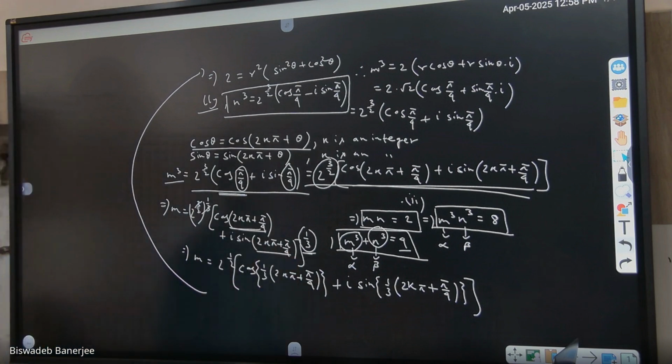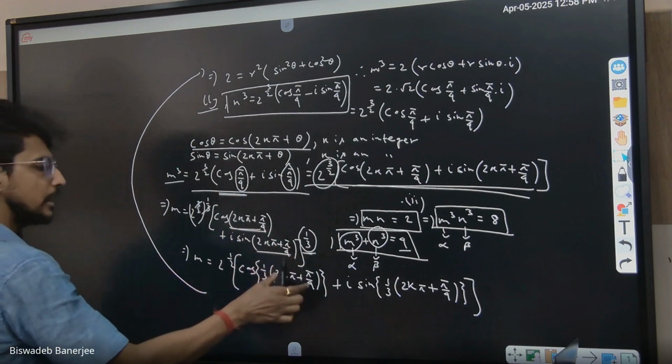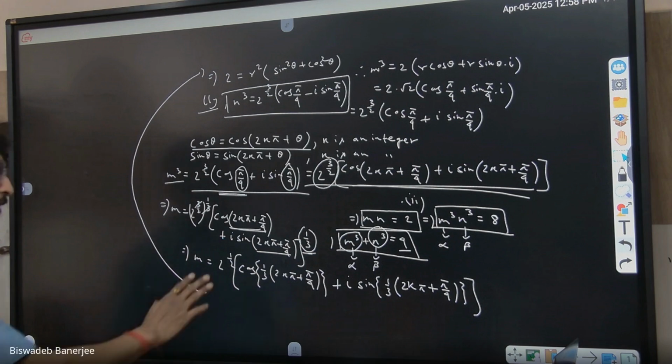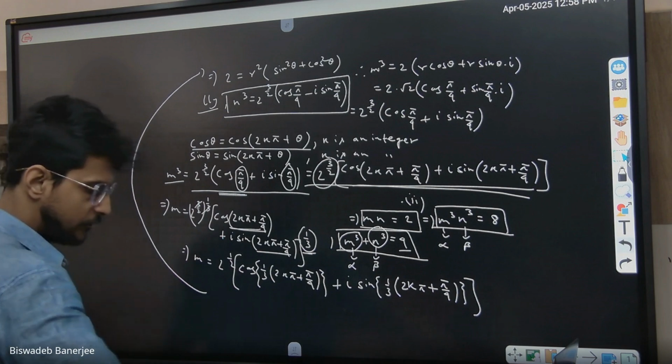This is called de Moivre theorem. We can always multiply this power with this angle. So 1/3 is multiplied with each angle, and this is my value of m.